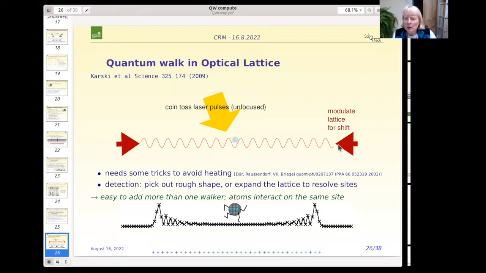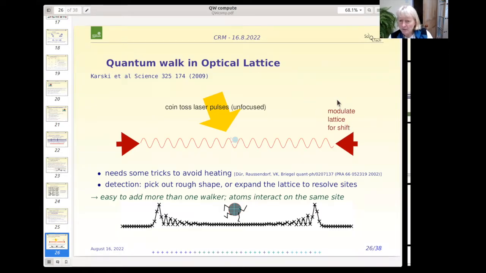Now, I've drawn it in one direction, but you can do it in 3 directions, and then you've got a 3-dimensional egg box trap in which you can put lots of atoms. You can do the coin tosses with unfocused laser pulses that illuminate all of them at once.